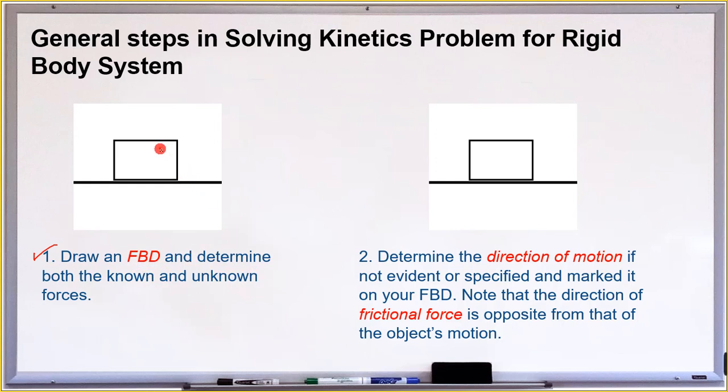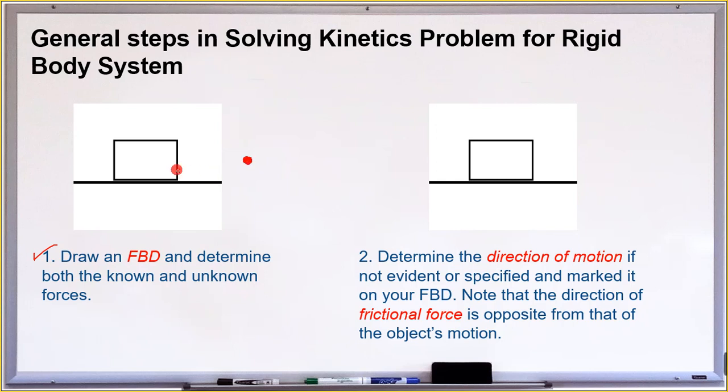So let's have here an example. We have a block resting on this horizontal plane. Assuming that the block has a weight, if we're going to draw its FBD, you can also consider this block as a particle, just a dot.